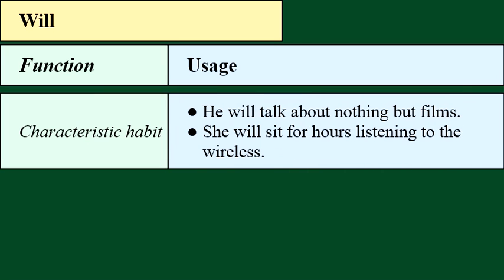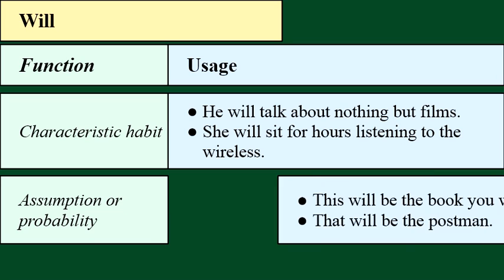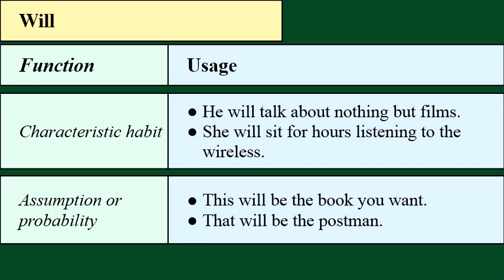The examples are, he will talk about nothing but films. She will sit for hours listening to the wireless. It is also used to indicate assumption or probability. The examples are, this will be the book you want. That will be the postman.